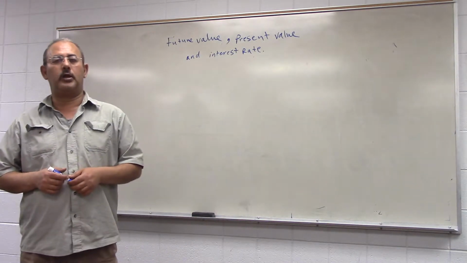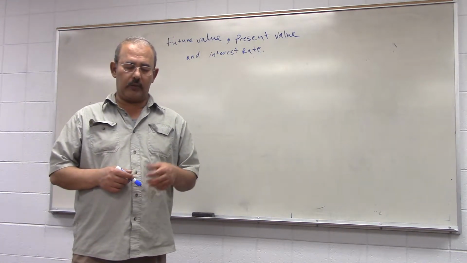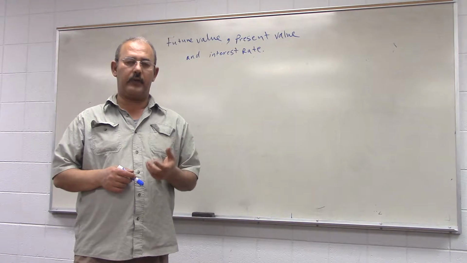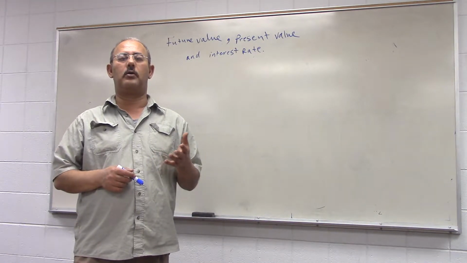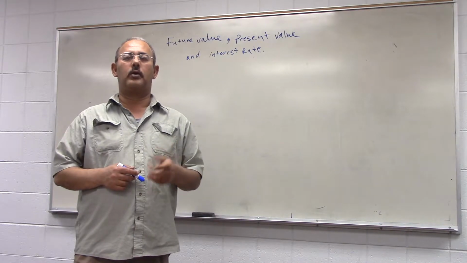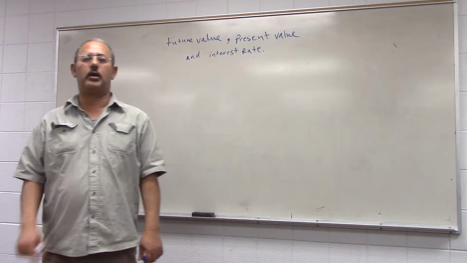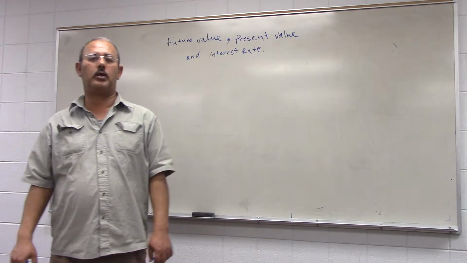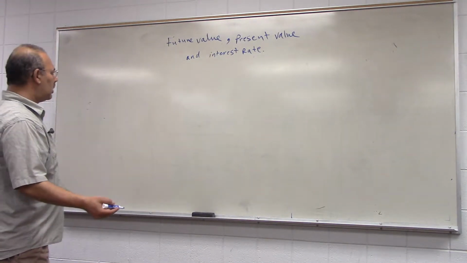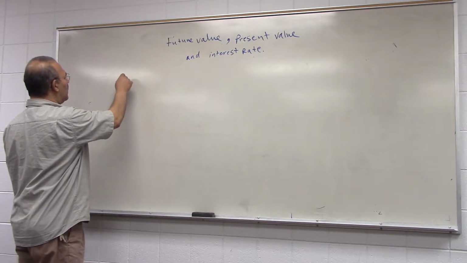In order to determine the relation between the future value, present value and interest rate, we take a very simple example. Imagine that we have $100. That's now the present value, $100.